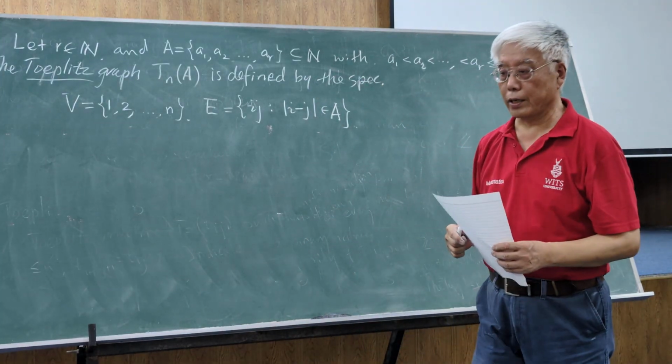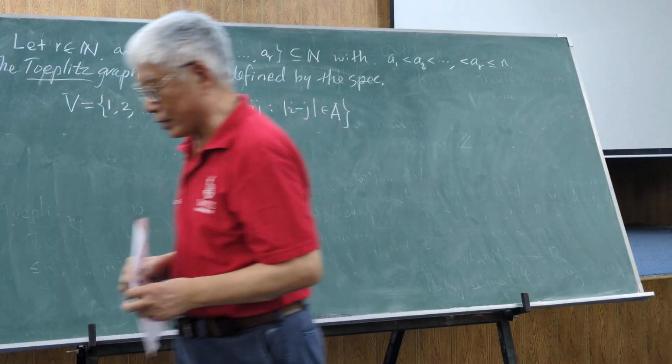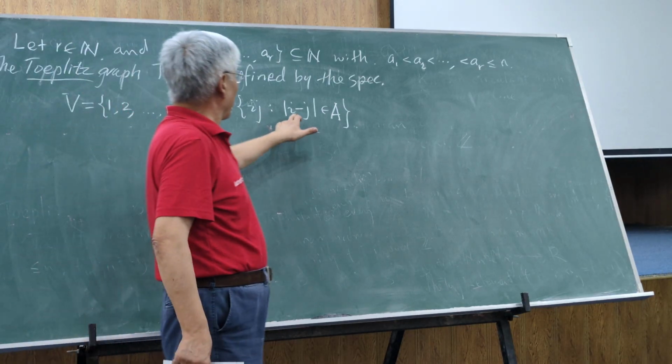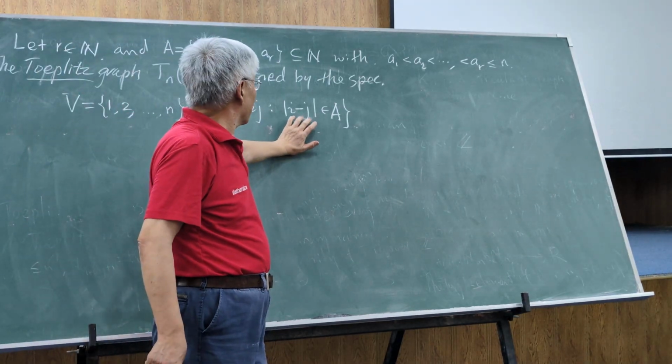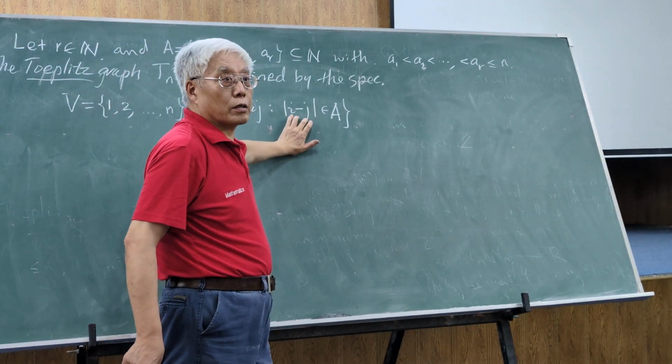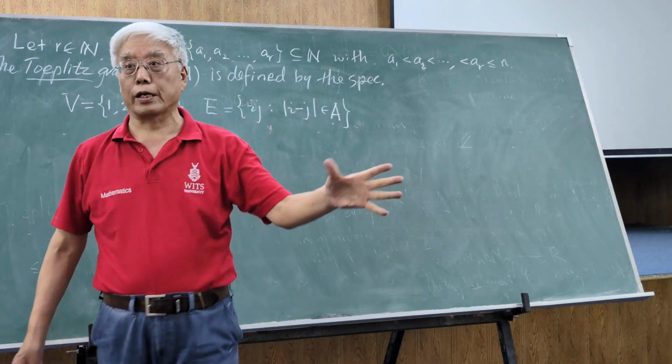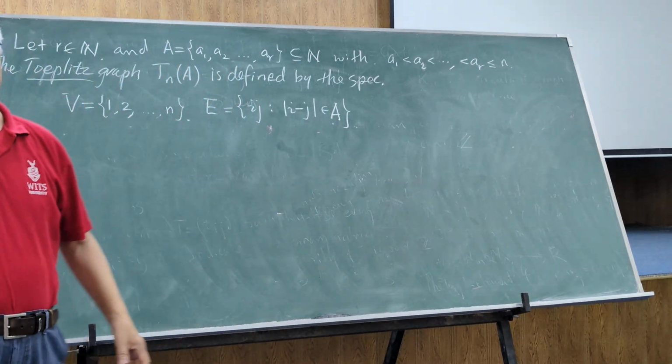So you are simply checking whether a non-negative number, actually a positive number, is in a given set or not. If your program is using Python, you are simply checking whether this positive integer, positive because i and j are never equal, is in this set or not. And then you actually get the graph quickly constructed.